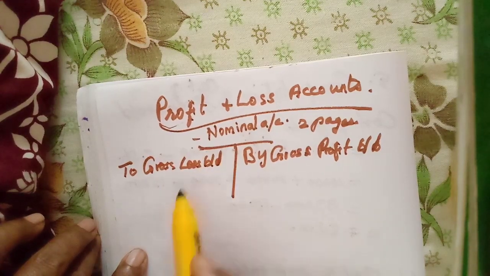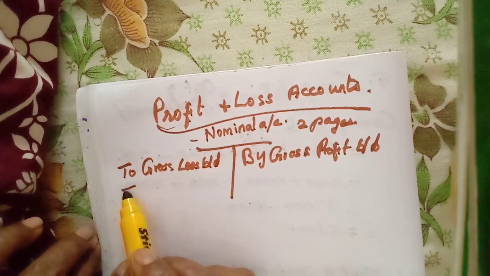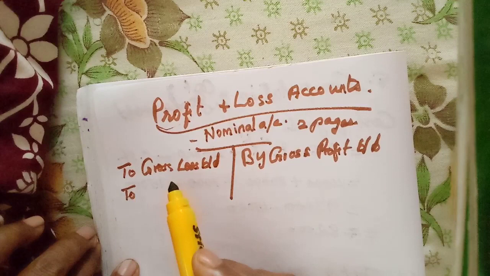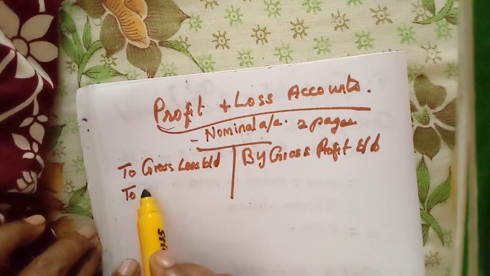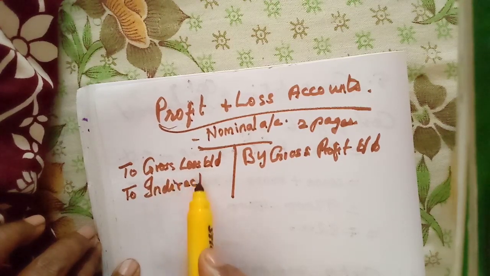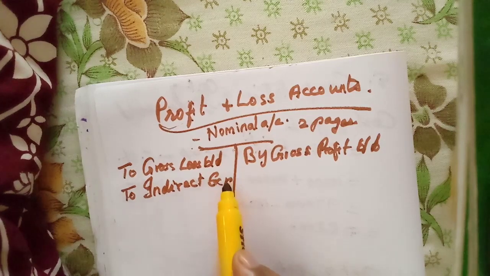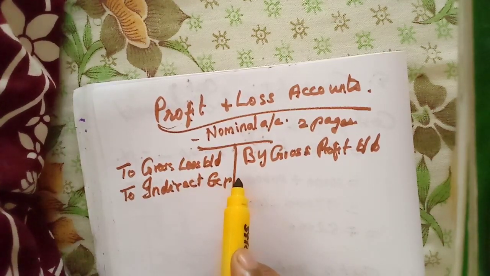Then here all the expenses, which expenses we have to write? Already in the trading account we have written all the direct expenses. So here all the indirect expenses we have to post.